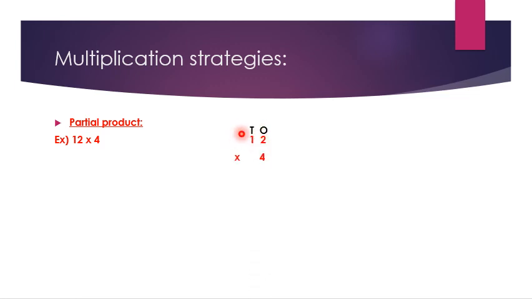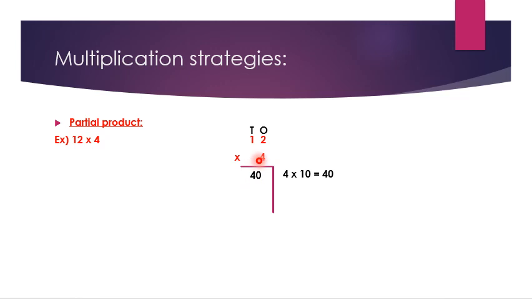The first step, I'm going to write T and O. T for the tens, O for the ones. And now start multiplying from 4, but with the values of the numbers here. So 4 by 1 in the tens. Can I write 4 by 1? Of course not. 1 is in the tens, so it will be 4 by 10. 4 by 10 equals what? 40. So write the answer here.